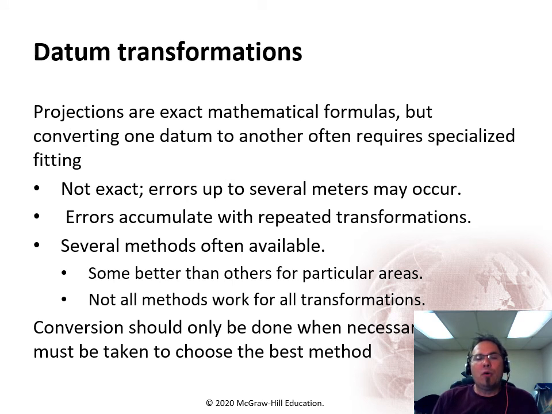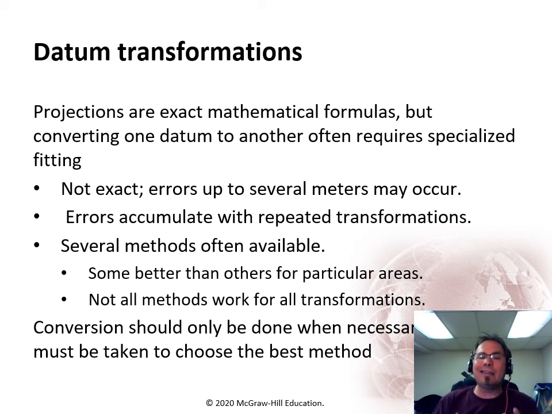Now, what happens if I have one set of data in NAD27 and I have another set of data in NAD83? Well, I just mentioned a couple slides ago, you're required to have all your data in one projection. You can do this in GIS fairly simply. That's called a datum transformation, where you're going from NAD27 to NAD83.